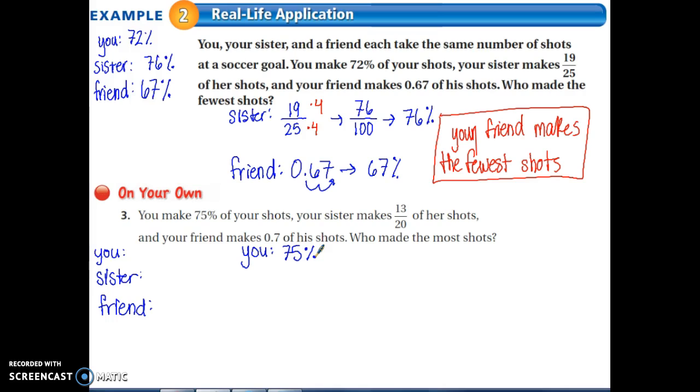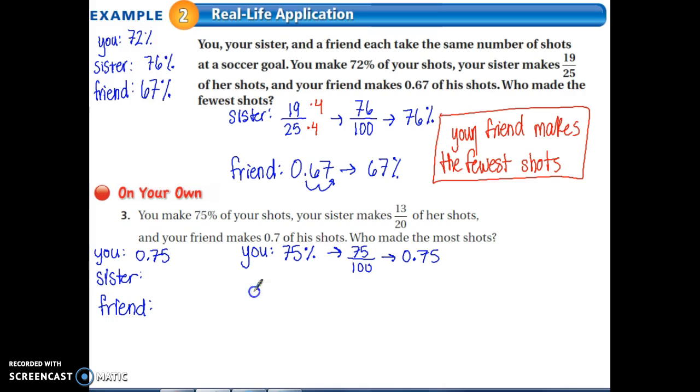To turn that into a decimal, I just pick up my decimal place, which is after the 5, move it to the left 2 times. Or we have also talked about that percent means over 100, so I can write this as 75 over 100, and then simply divide to get 0.75. So you make 0.75 of your shots on the soccer goal.